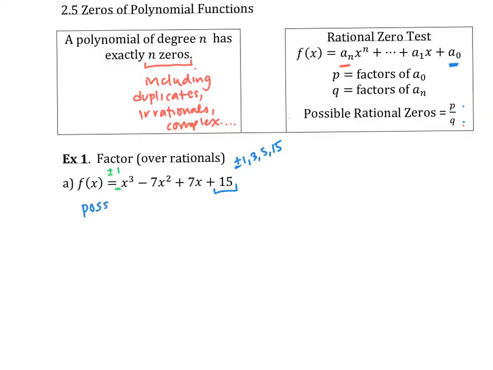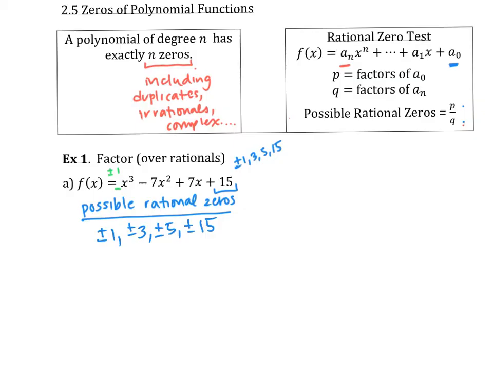On your work, you probably won't unless it specifically asks you to. That's going to be all of these numbers divided by all of these numbers. Because this is 1, dividing by 1 doesn't change any of the values. So the possible rational zeros are plus or minus 1, plus or minus 3, plus or minus 5, and plus or minus 15.